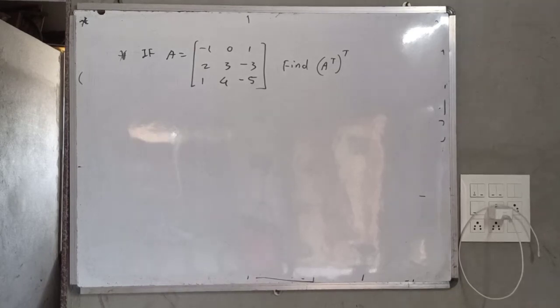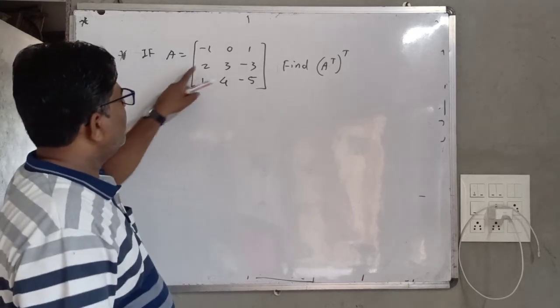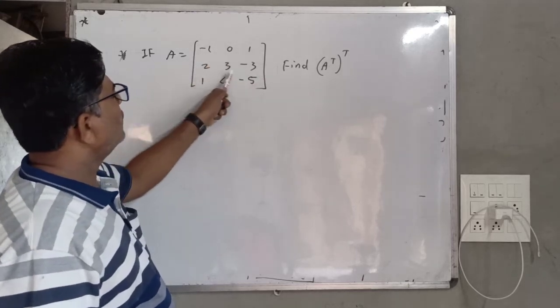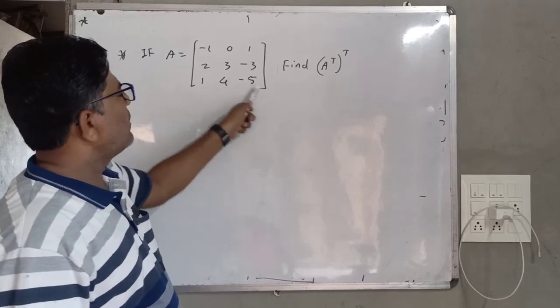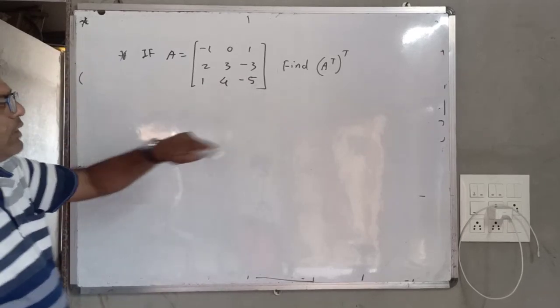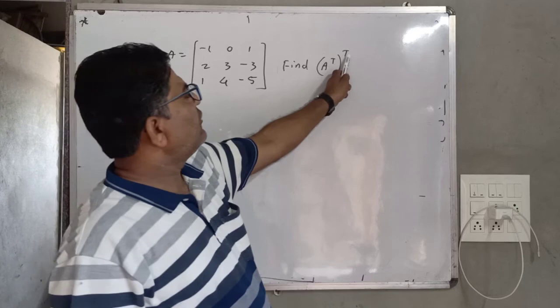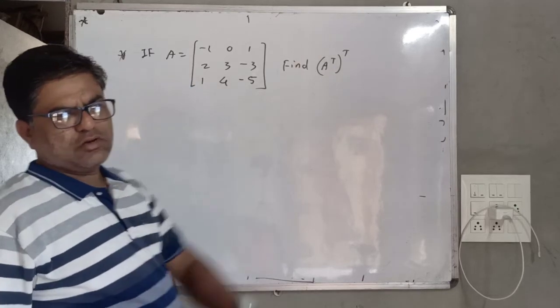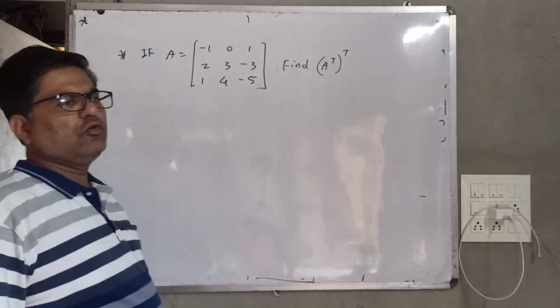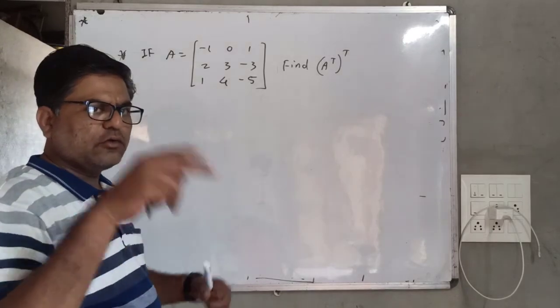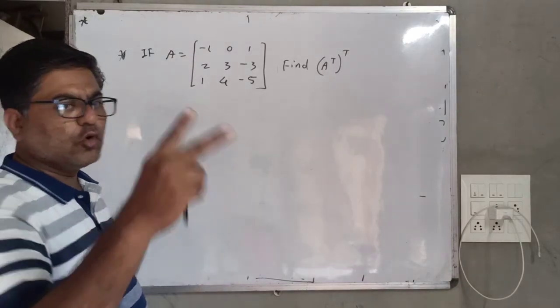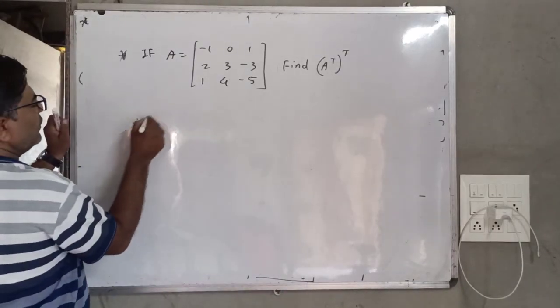Now, our next example is, we are given a matrix A: minus 1, 0, 1; 2, 3, minus 3; 1, 4, minus 4. We are going to find the transpose of the transpose matrix, meaning we take the transpose of this particular matrix two times.